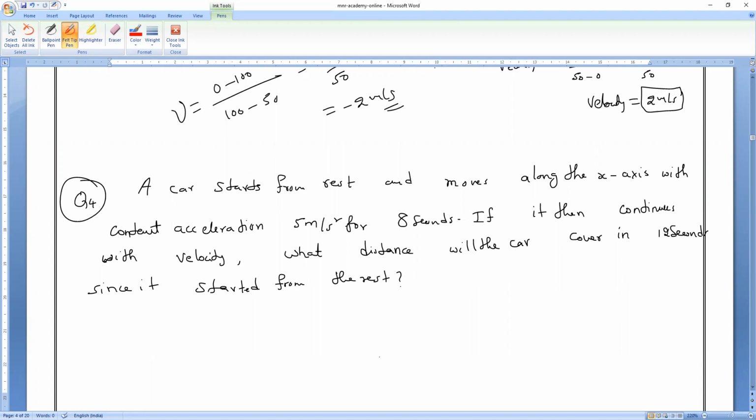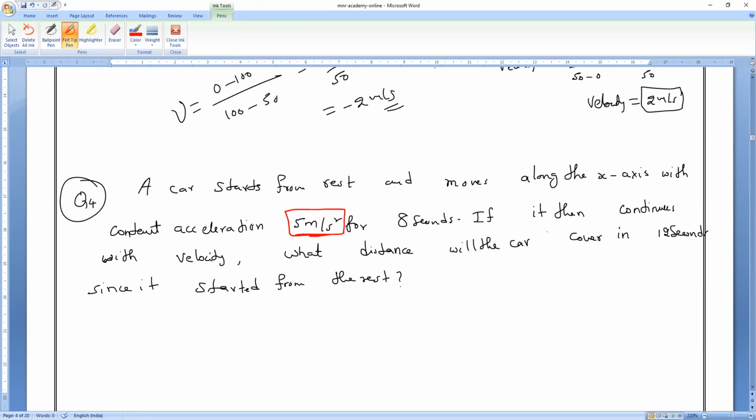Actually, here it is traveling a certain distance with the acceleration of what? 5 meter per second square. Understand everybody, a certain distance it is covering with the 5 meter per second square.